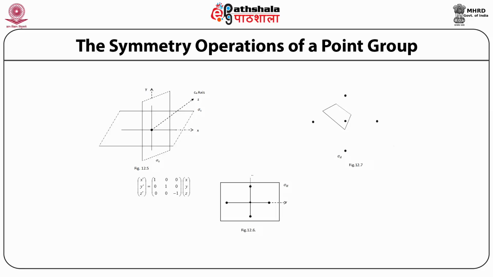For example, if you look at the reflection in the xy plane, then what the reflection does is to leave the x and y components of the vector unchanged and change the z component to minus z. Therefore, a reflection in the xy plane, sigma xy for example, can be represented by a matrix which has 1, 1, minus 1 in its diagonal elements.